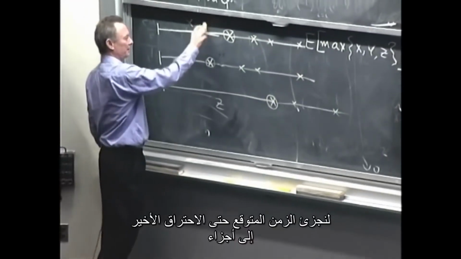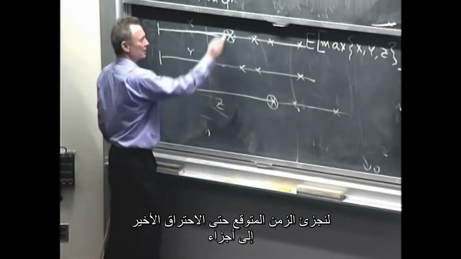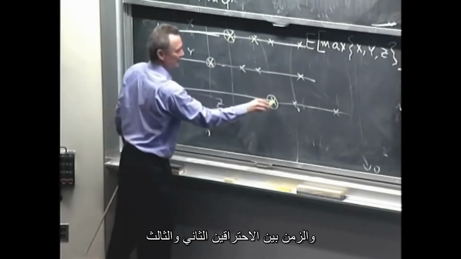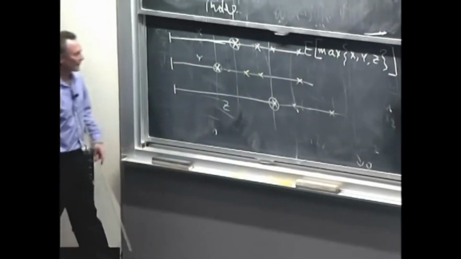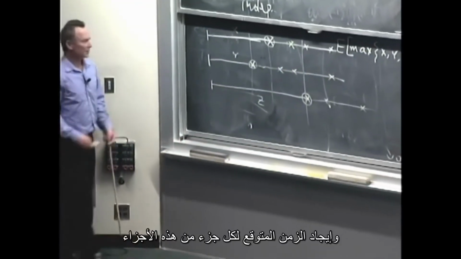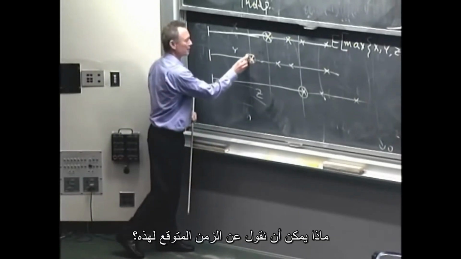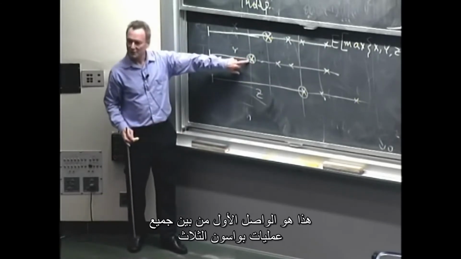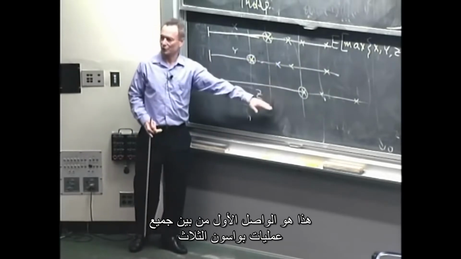Let us split the expected time until the last burnout into pieces: the time until the first burnout, the time from the first until the second, and the time from the second until the third. And find the expected values of each one of these pieces. What can we say about the expected value of the first? This is the first arrival out of all these 3 Poisson processes.